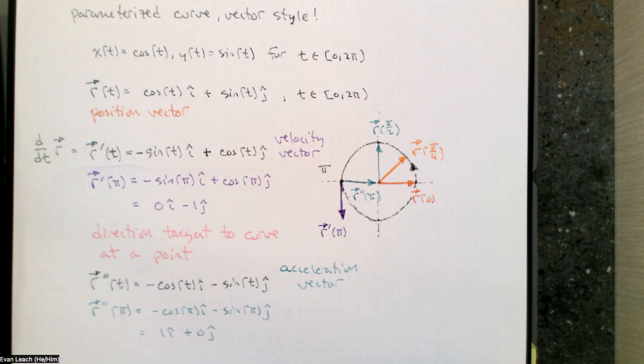This seems like a lot because it's kind of a lot, but it's just reframing our old stuff. We're still thinking about direction on a curve as the direction tangent to the curve.